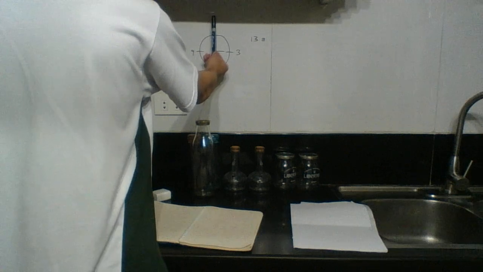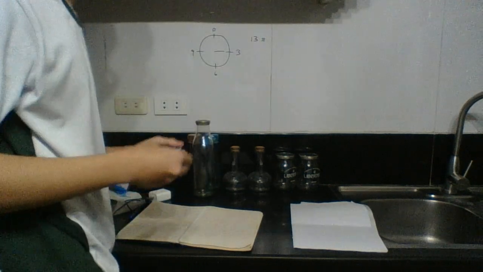So the position of 13 on the clock: 12 is midnight, and then 12, 13. So at 1 o'clock, 13 is just 1 o'clock. It's just 1, and then there's 2, and then there's 3.